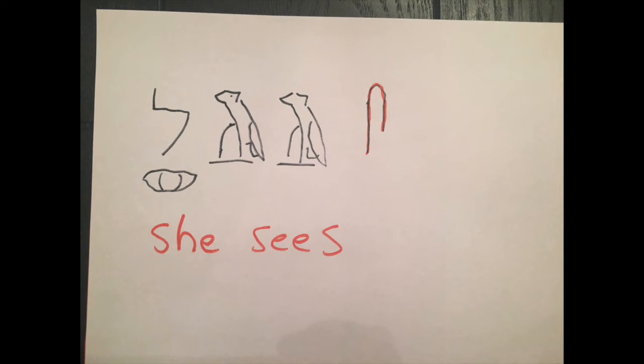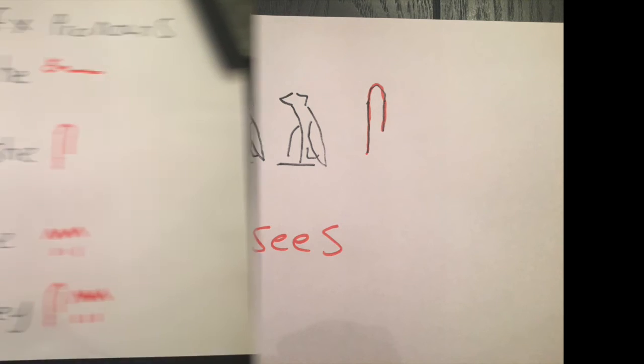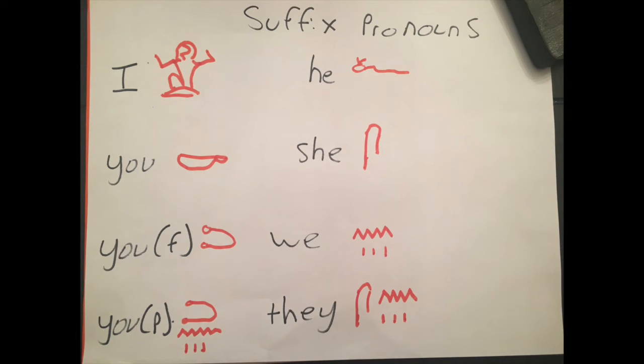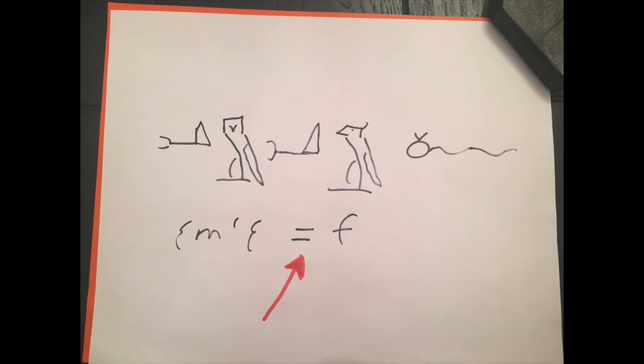All right, or if it's she sees, same verb, same doubling verb, and now we're going to follow that by the suffix pronoun for she, which is the bolt of cloth, pronounced s. So ama, s, would be she sees. So you could do this with any suffix pronoun, any of them. I, you, he, she, we, they, you plural. Whatever you are using, you just put it at the end of the verb.